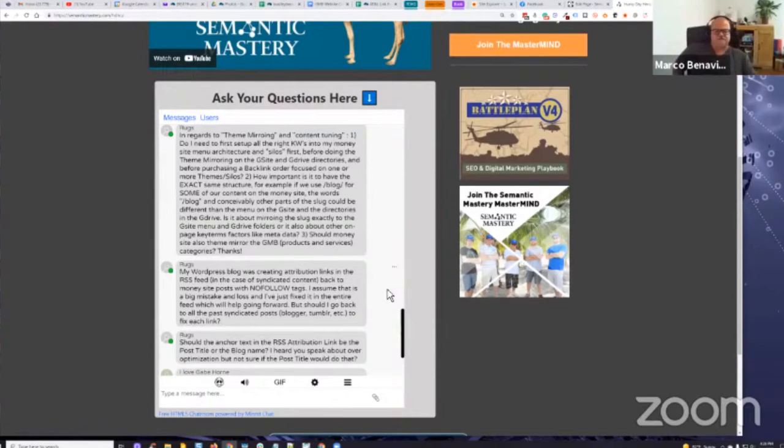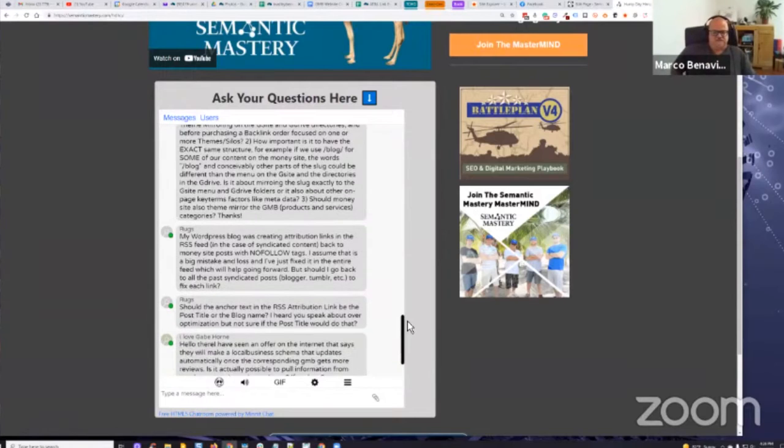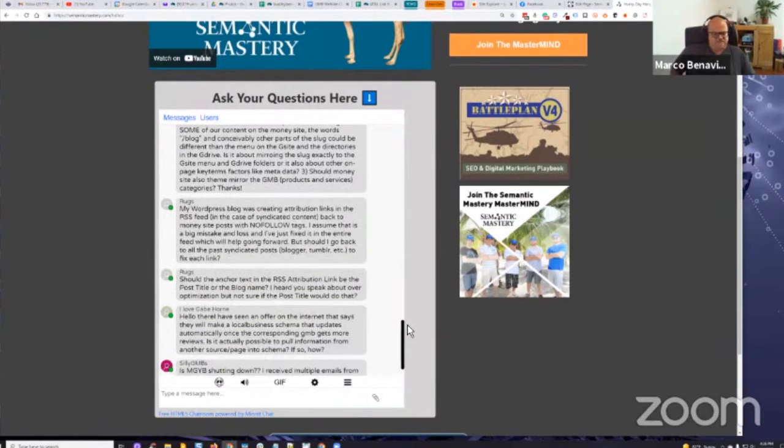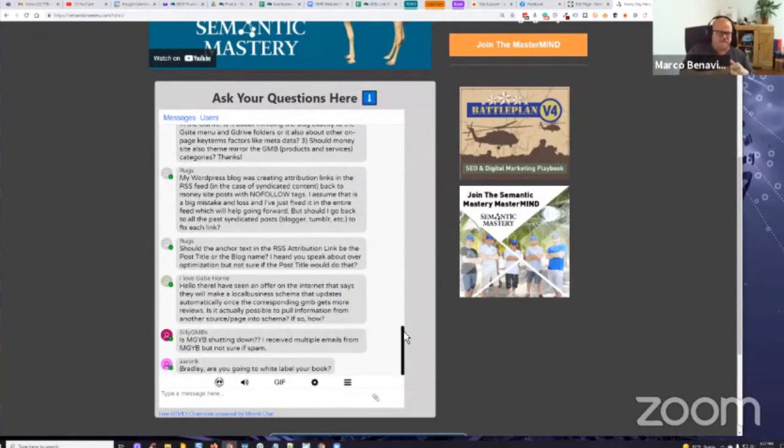Yeah, I don't see how closely you can theme mirror the GMB, especially the services, because interestingly, Google messes around with services. You'll see them come in and out. All of a sudden you'll have a long list of services that weren't necessarily added by other users, but they are recommended services, or there'll be changes and additions by Google.